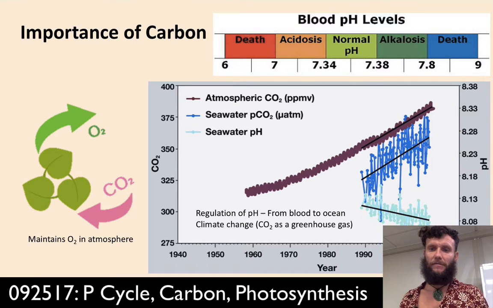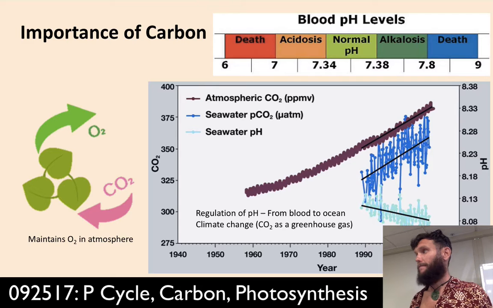Very small deviations, on the order of 2/100 of a pH unit, are the upper and lower range around 7.35. Anything outside of that, and you do not feel good. Anything below 7 or above 7.8, and you are dead. So acidosis, yeah. So what this is saying is that carbon regulates that? Yeah, absolutely.